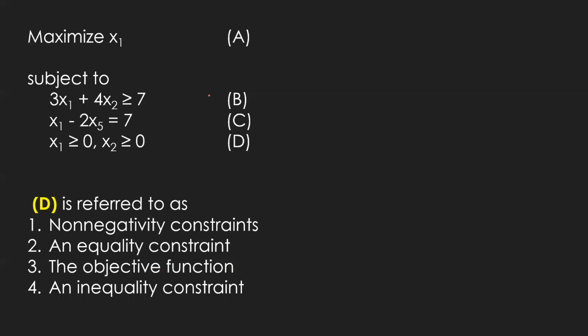Next. Sorry. Next. Lastly, ikaw ulit, sir. Ito naman. Anong tawag dyan? Ano ibig sabihin nun pag may greater than equals to 0? Ito yung parang, di ba ang constraint natin?